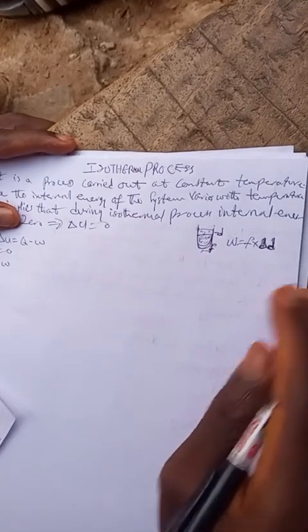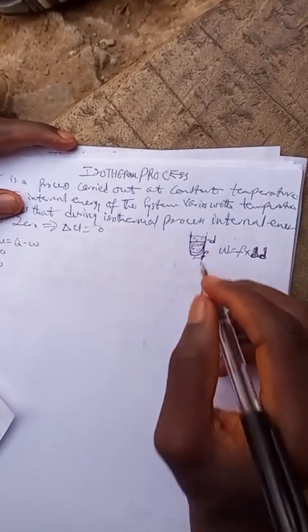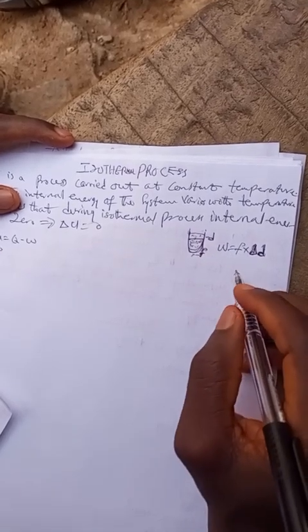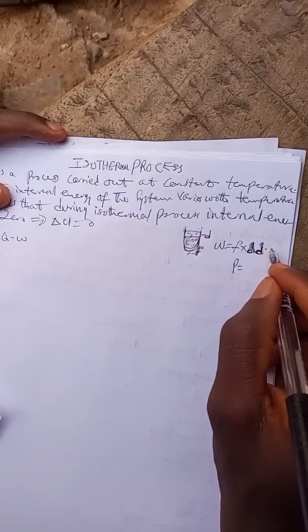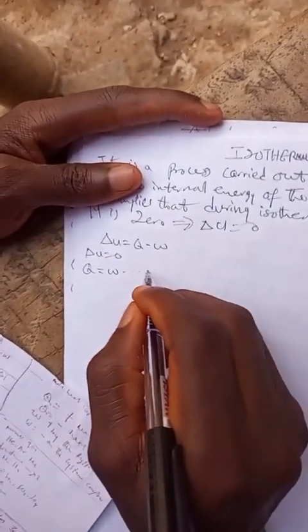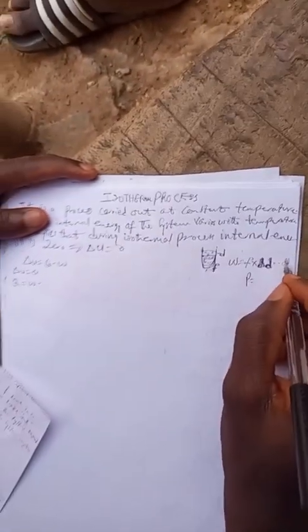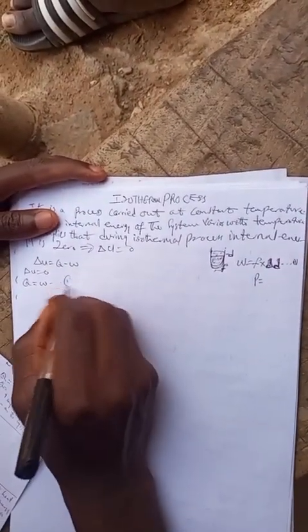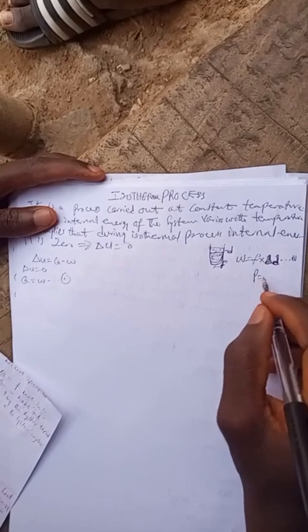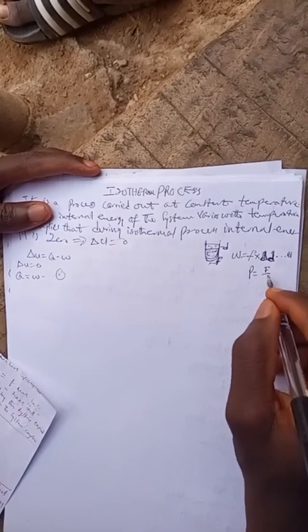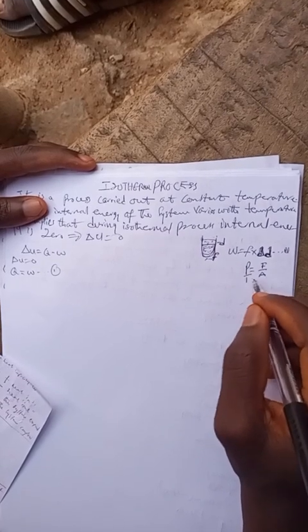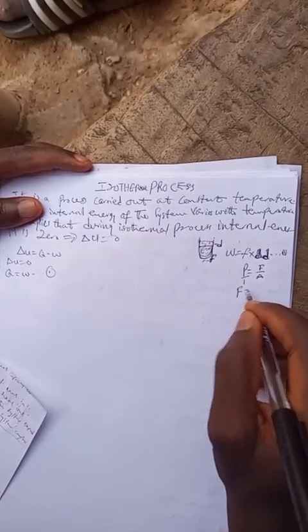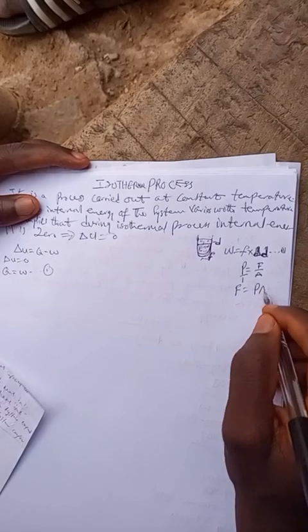Now, don't forget that pressure is applied to this through the force. Call this one equation 1, and this one equation 2. So we now say pressure is equal to F over area. If we make F the subject of the formula by cross multiplying, we are going to have F is equal to PA.